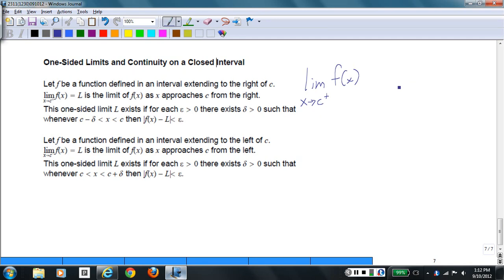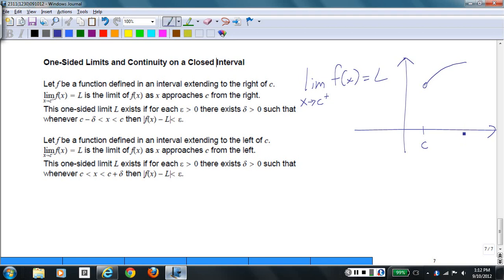Now, as far as the picture goes, if I say that's equal to L, and look to see what's going on for my function, typically we would think of c as being maybe the left-hand endpoint of an interval where something interesting is going on. So I'm going to put c right here, and maybe an open circle right there. Maybe the function is defined at c, maybe it's not, but perhaps it looks something like that.